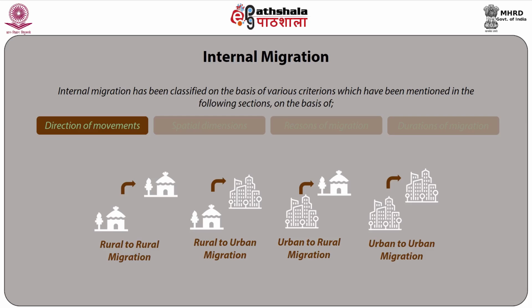On the basis of direction of movements, migration has been classified. Within internal migration, there is a four-way classification according to direction of movements within and between rural and urban areas. These are rural to rural migration, rural to urban migration, urban to rural migration, then urban to urban migration.